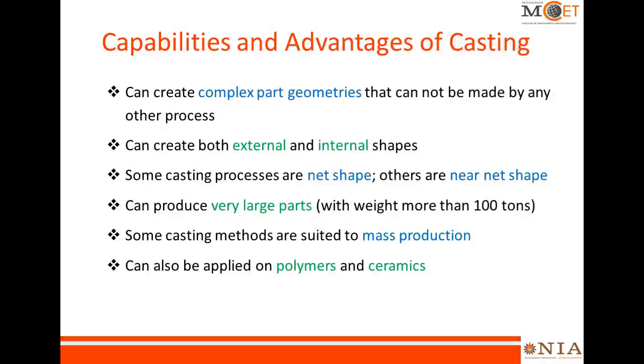Near net shape means you can produce the exact final shape. That is possible with the casting process. And it can produce very large parts, as I have told you already, like jet engine blades. And some casting methods are suited to mass production. So you can do mass production with certain casting processes, and you can also apply it to plastics and ceramics. Apart from metals, it can be applied to polymers and ceramics.